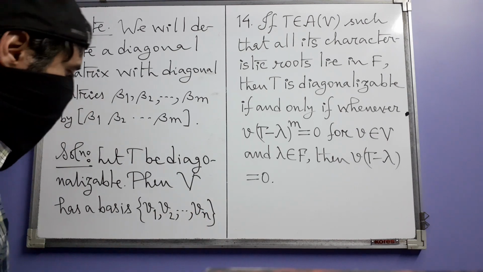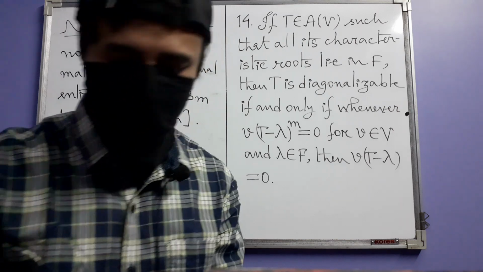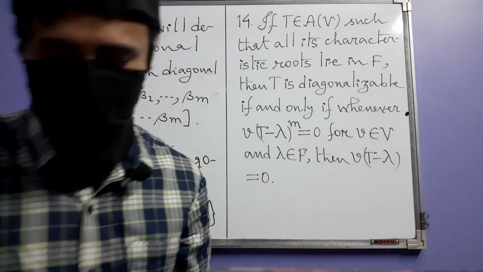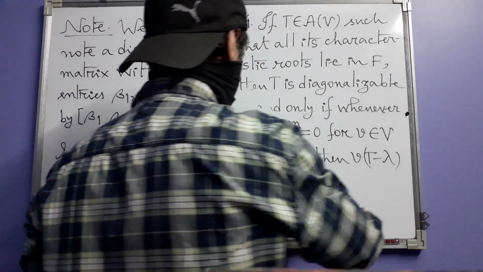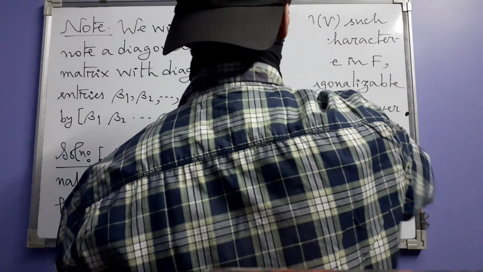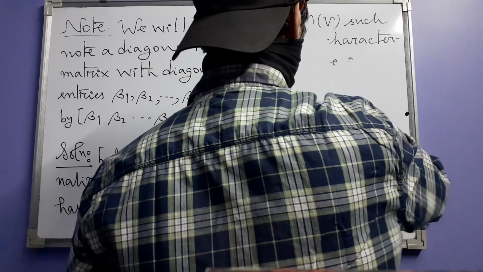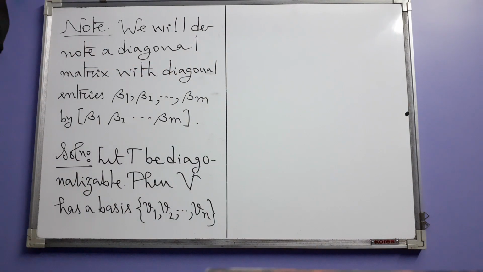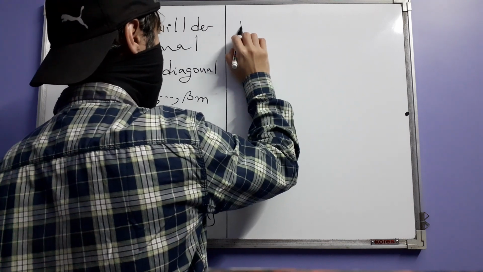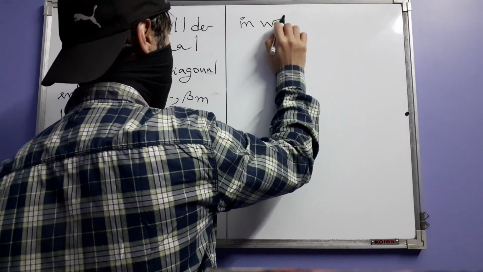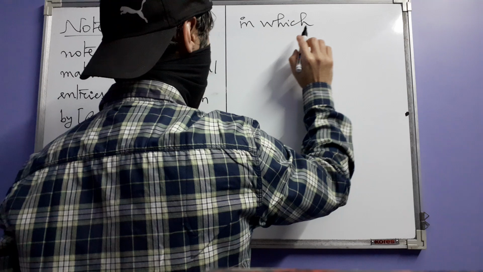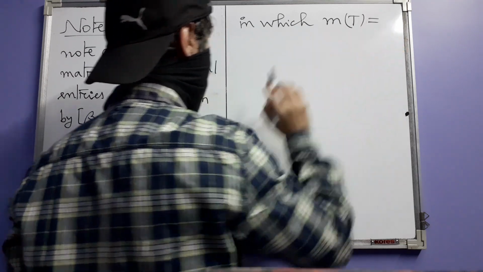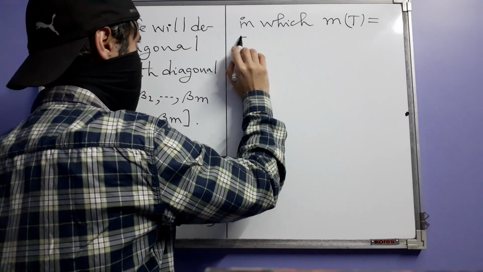So V is n dimensional, so there are n vectors in the basis, in which the matrix of T will be a diagonal matrix. The matrix of T, which of course we write like this, M of T, is a diagonal matrix like this.